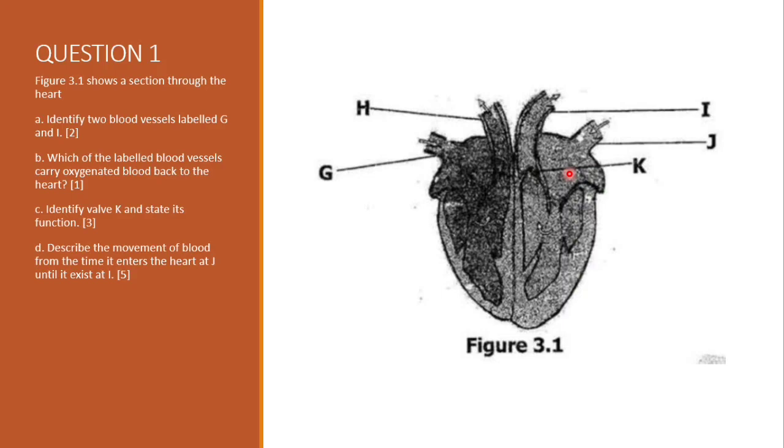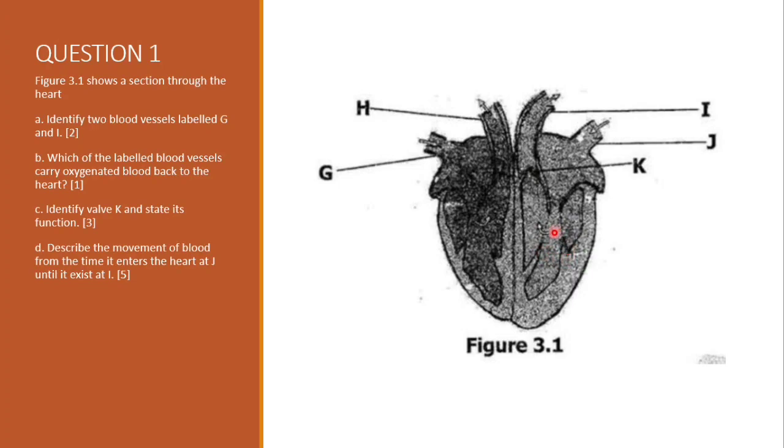As blood is entering, these valves will be closed. Once this chamber is full of blood, the valves are going to open, allowing the blood to pass. Then they will close again, waiting for the next collection of blood.